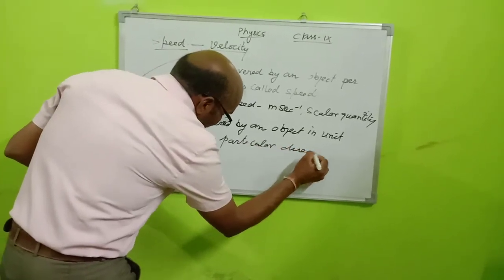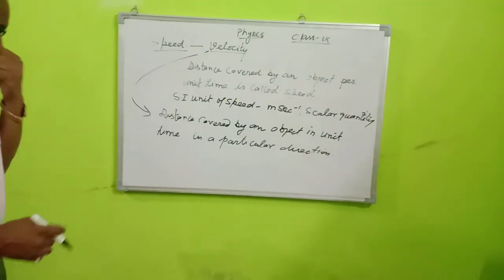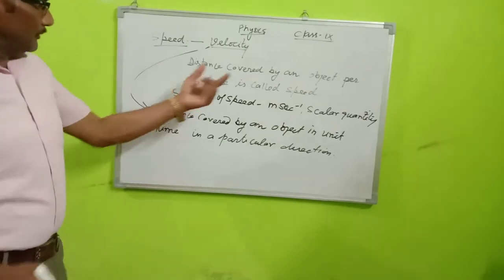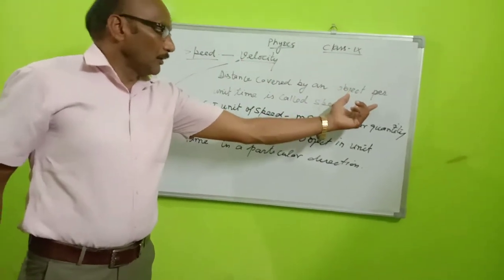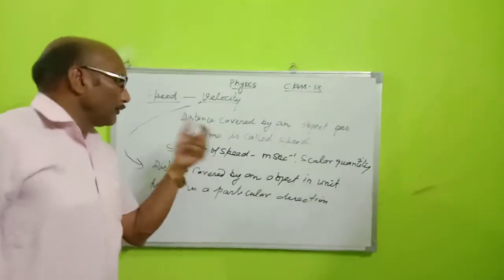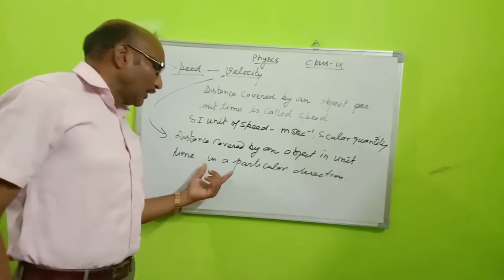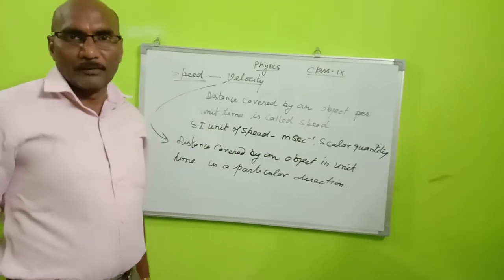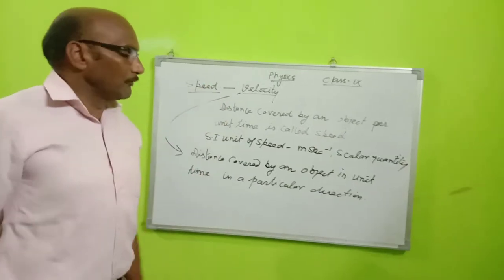The difference between the definition of speed and velocity is this: speed is distance covered by an object per unit time, and velocity is distance covered by an object per unit time in a particular direction. This is the first difference between speed and velocity.